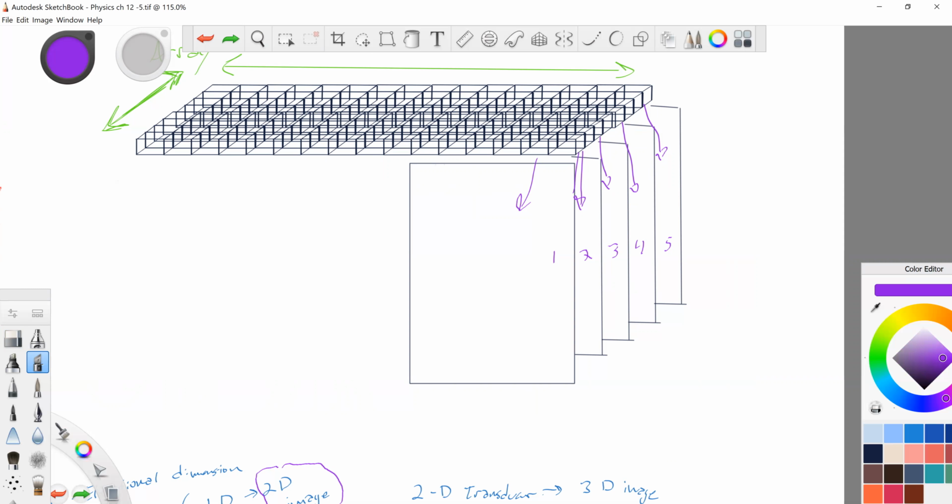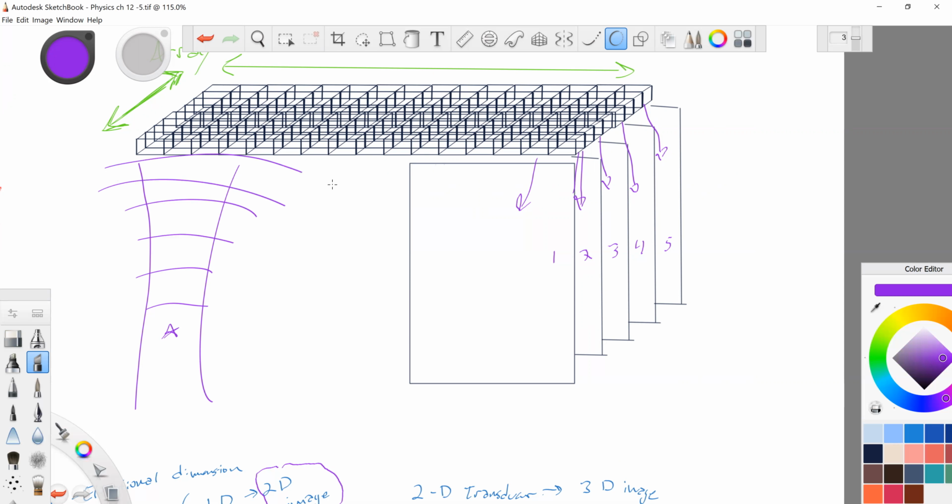Let's do this again. I have an object here. A sound beam was created and an echo was returned. That's a spreading out of echoes.